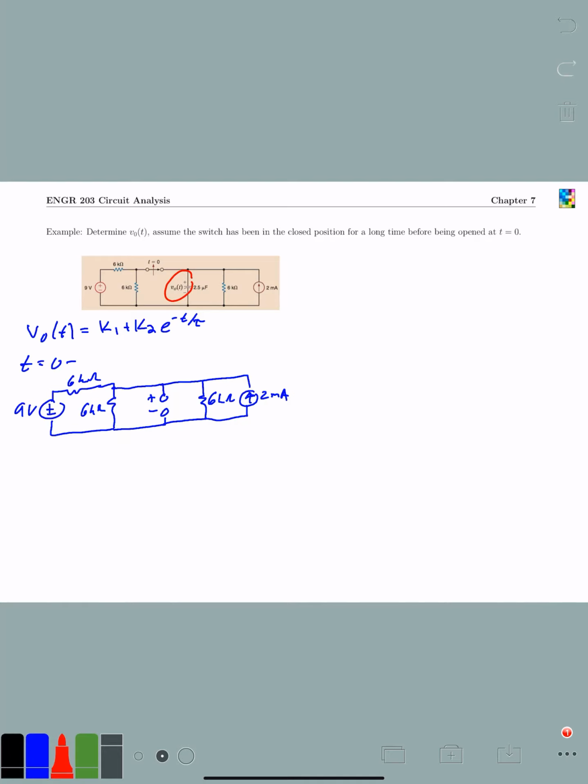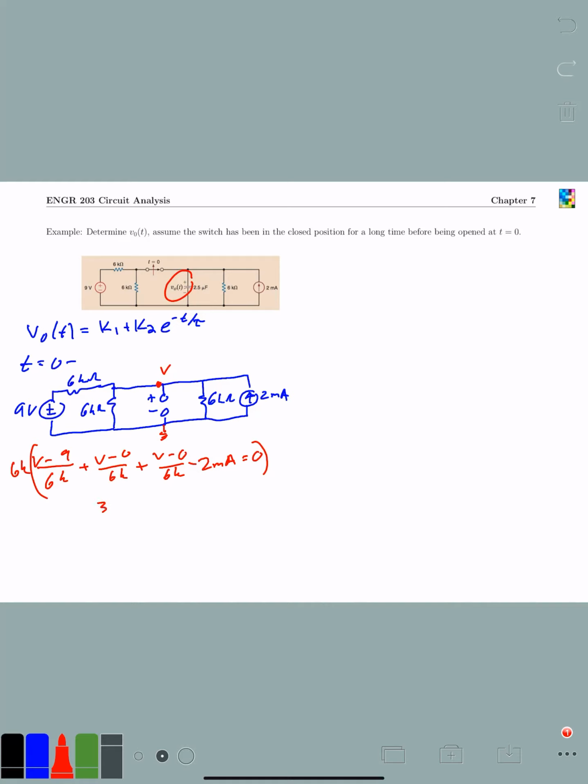Well, we can do node voltage here, call that V. So then I would have V minus 9 over 6K plus V minus 0 over 6K plus V minus 0 over 6K minus 2 milliamps equals 0. We can clear out the denominator here.